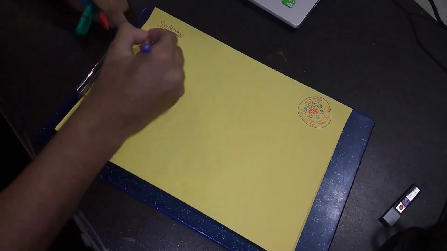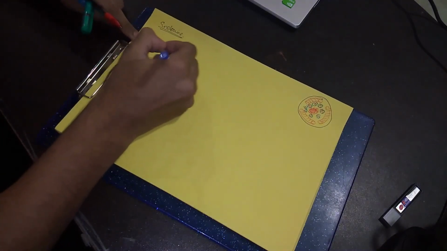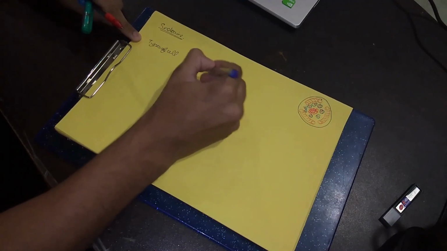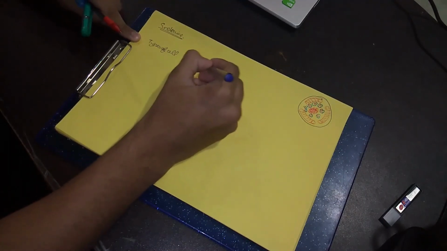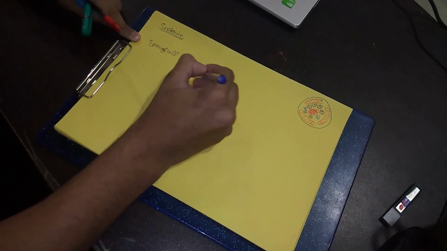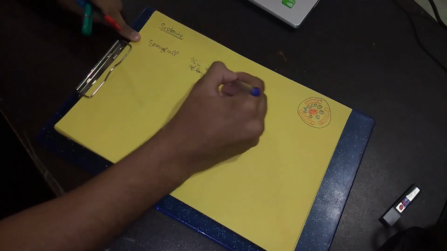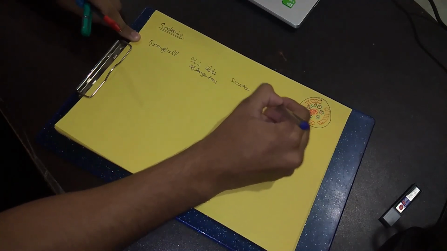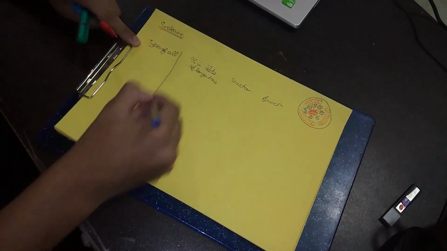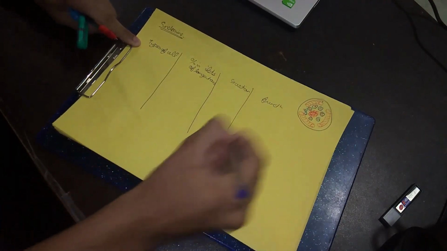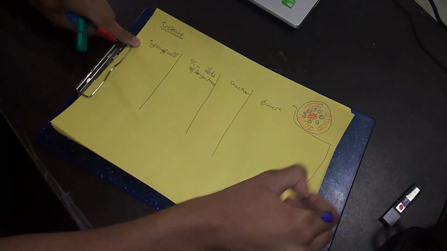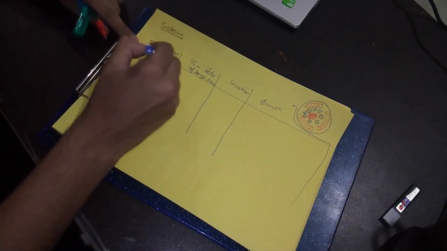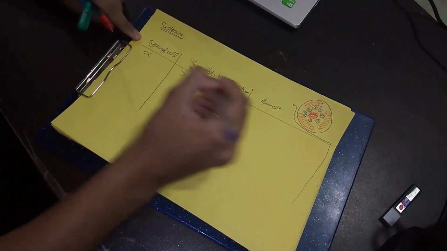So let's draw it. Types of cells, percentage in islets of Langerhans, secretion and its function. Okay. The first one is alpha, 20%.